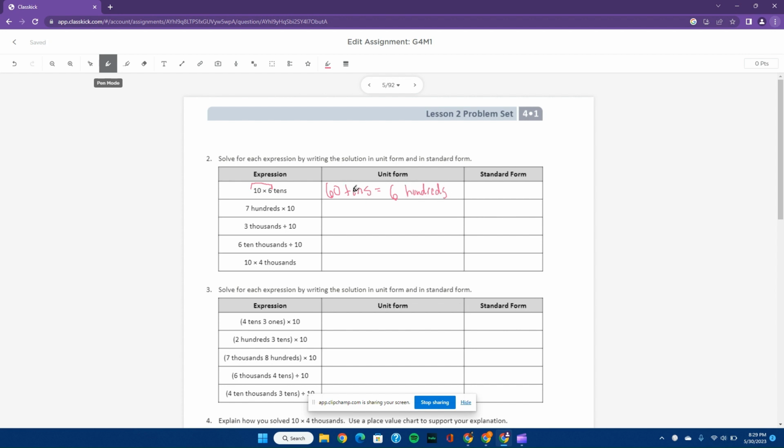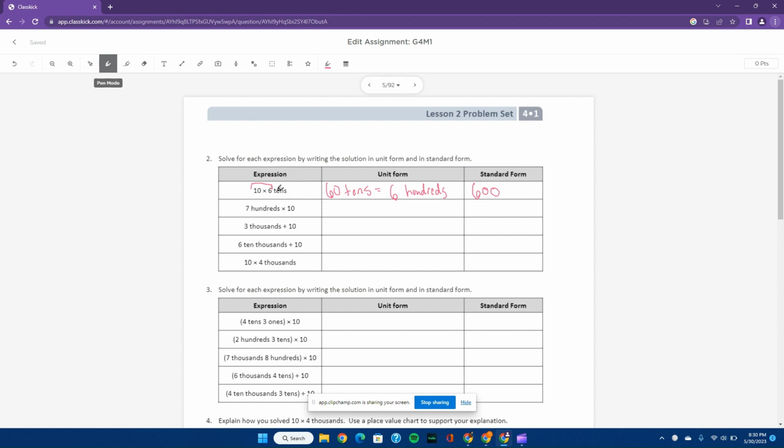Because again, when we have 10 of a certain amount in a place value, we can move it over to the next largest place value, and that's what happens when we multiply by 10. So 60 tens is equal to 6 hundreds, which would look like that.